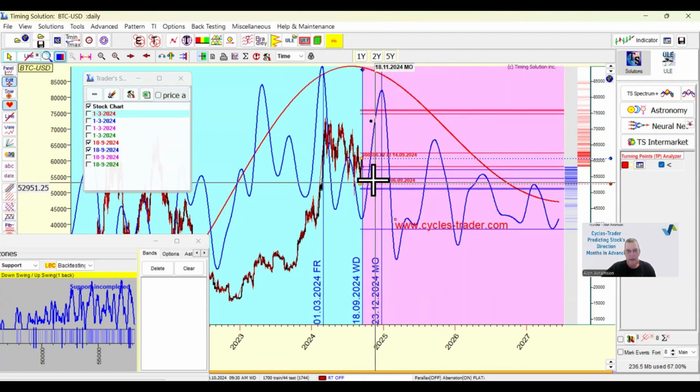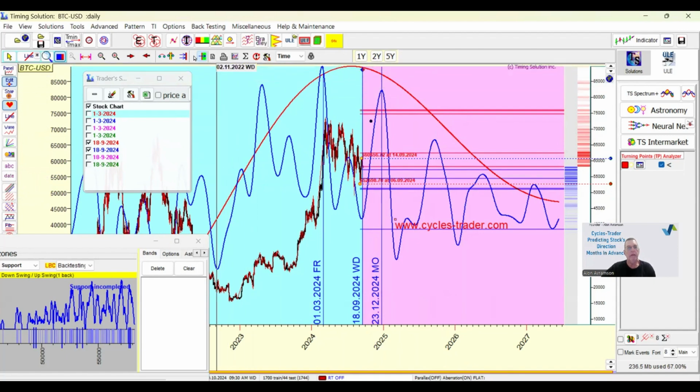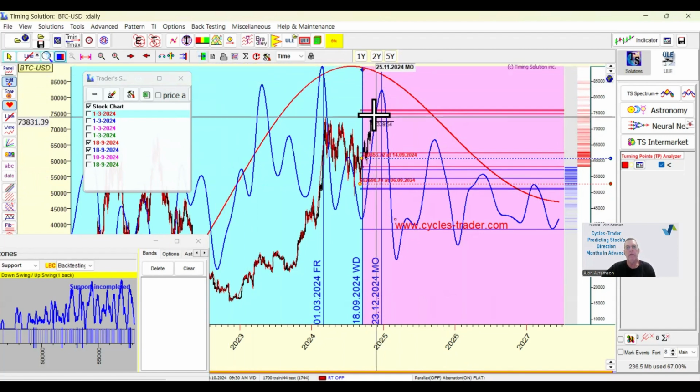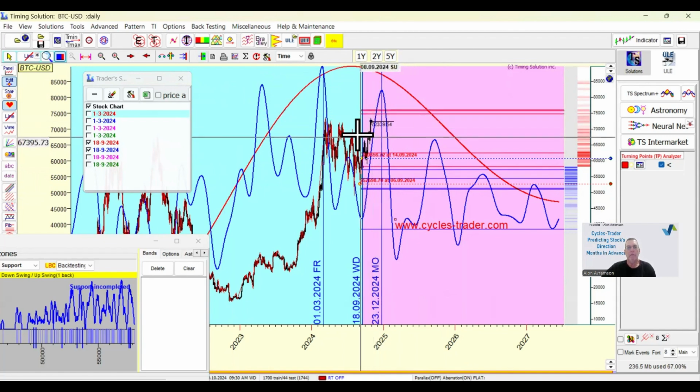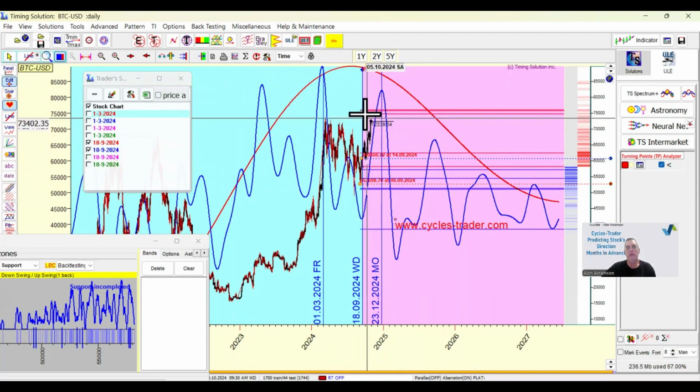So we see here the support that was caught. Now let's put the rest of the price that has already accumulated here. So we can see that there is still a bit of room to go up from the perspective of 18th of September, till somewhere around 76,000.